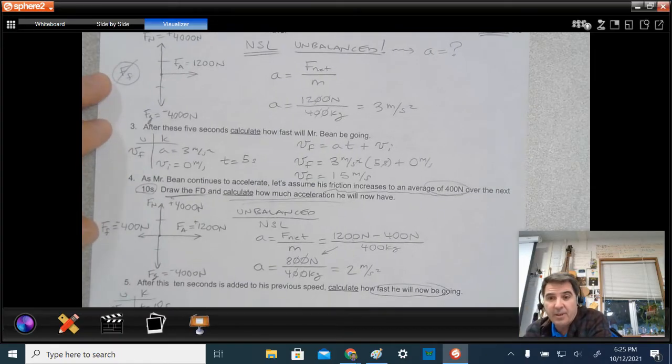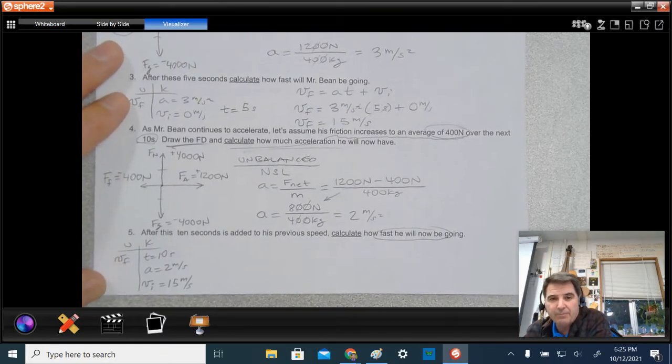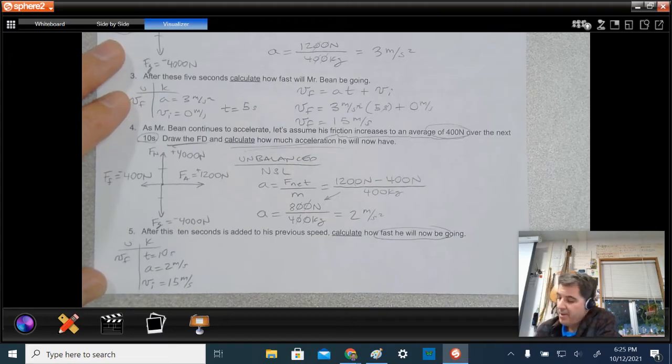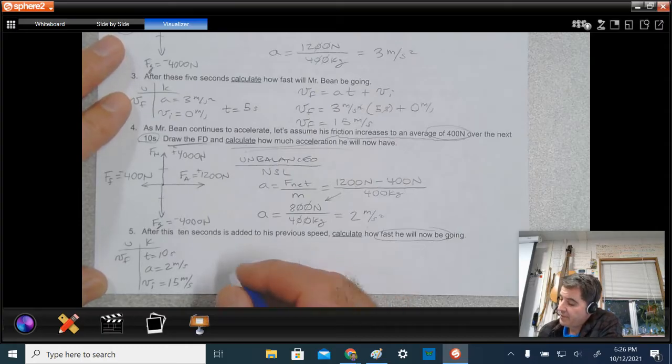He's still accelerating, but his friction is building up. Oh, I think I was going off the page there. Now you see it. So after this 10 seconds is added to his previous speed, calculate how fast he'll be going. My final velocity is what I want to find in the next 10 seconds. My acceleration has dropped from 3 meters per second squared down to 2 meters per second squared. But now I have an initial velocity of 15 meters per second.